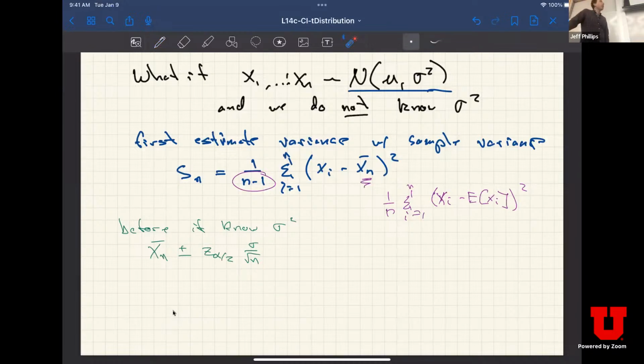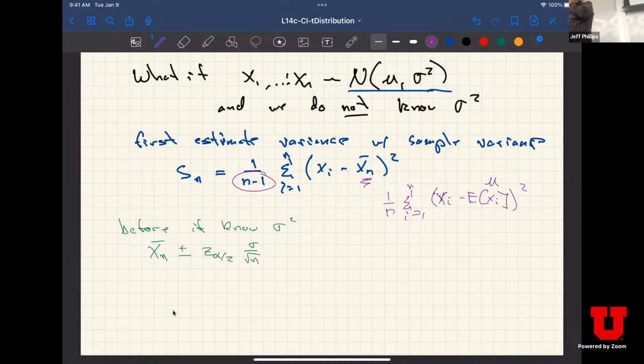We want to do that, but we can't use sigma because we don't know sigma, and that's similar to how we didn't know the true value of the mean and had to estimate it instead. So we're going to plug in something.